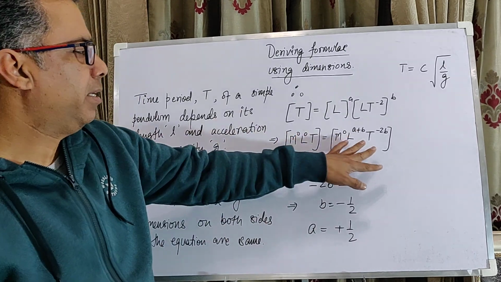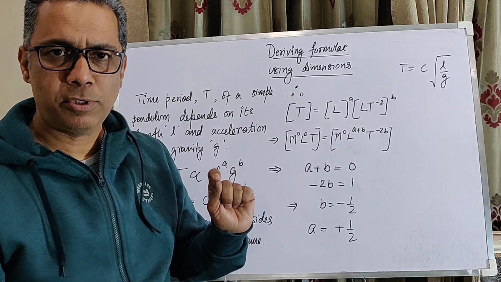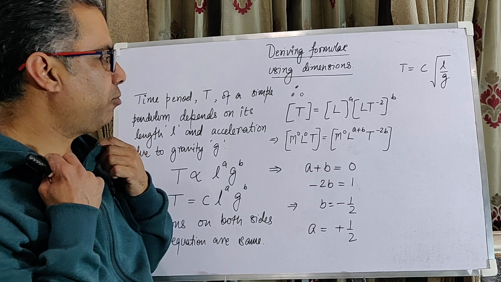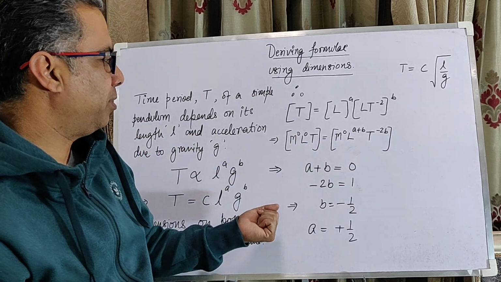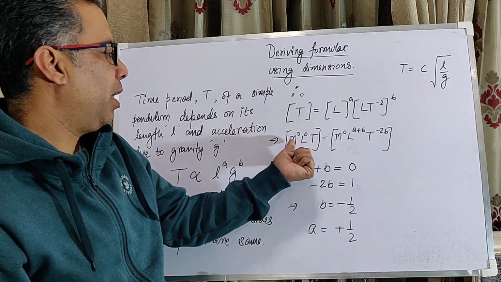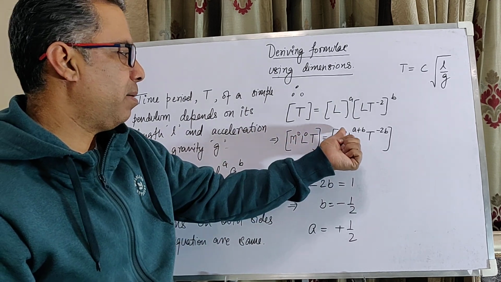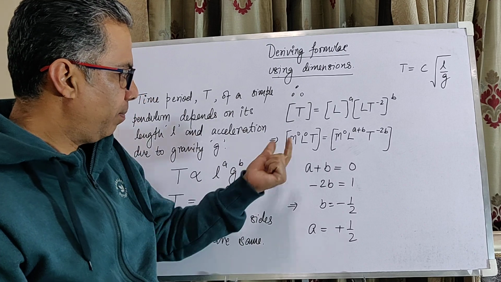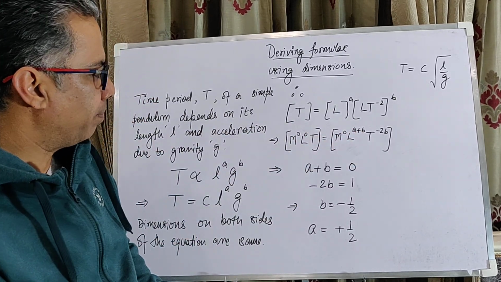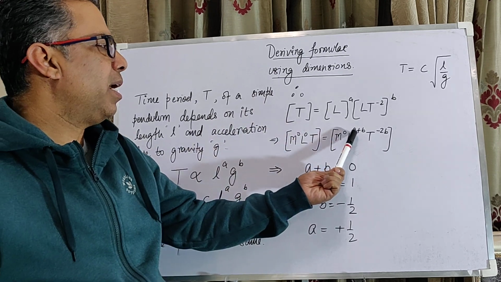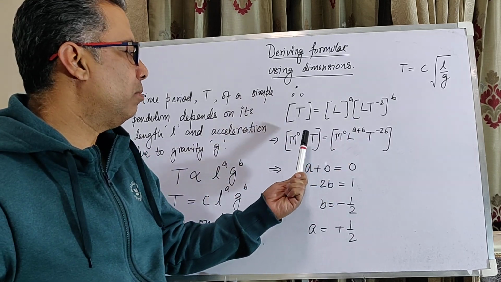Now comparing the dimensions on both sides, remember the dimensions have to be same on both sides of a correct physical equation. So M has a power 0 here, M has a power 0 here, no issues. L has a power 0 here, L has the power a plus b here, which basically means that a plus b should be equal to 0.